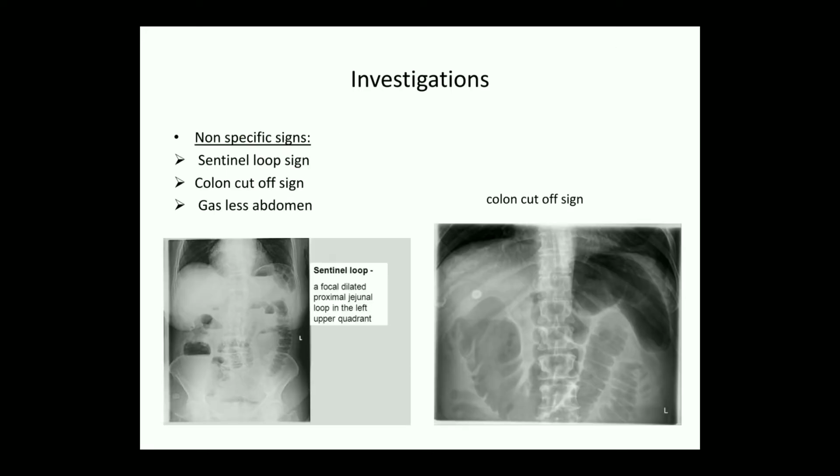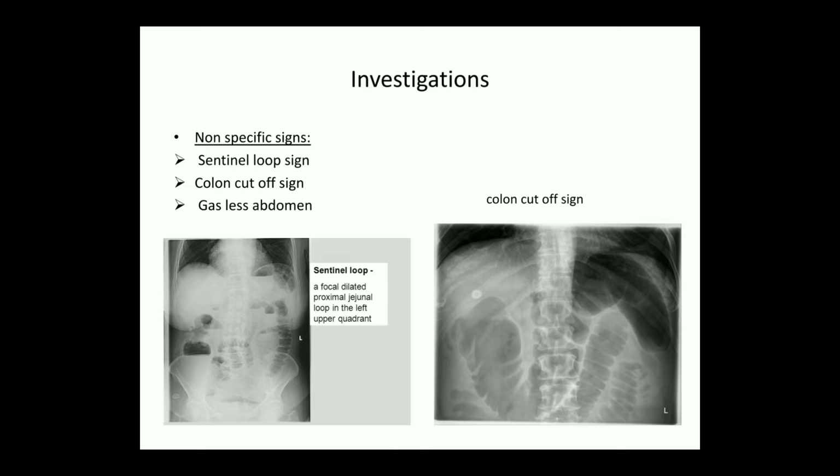Under investigations, after the enzyme levels, if we take X-rays, we can see some non-specific signs. The first figure corresponds to the sentinel loop, which is a focal dilated proximal jejunal loop in the left upper quadrant, and there is a colon cutoff sign in the splenic flexure and transverse colon region, and also a gaseous abdomen.